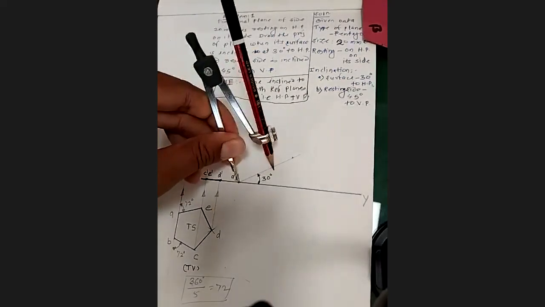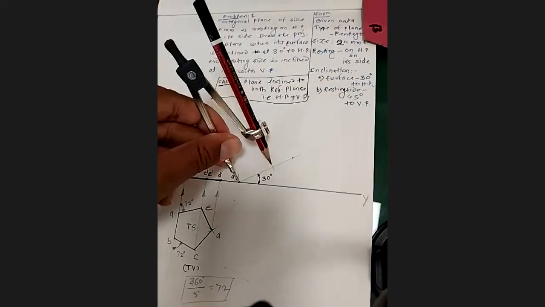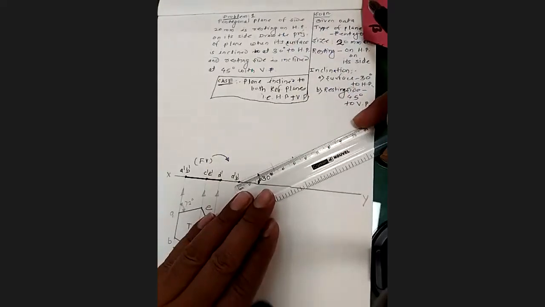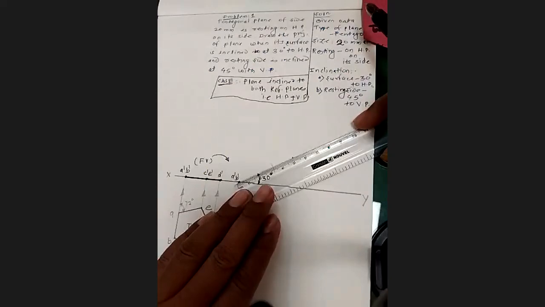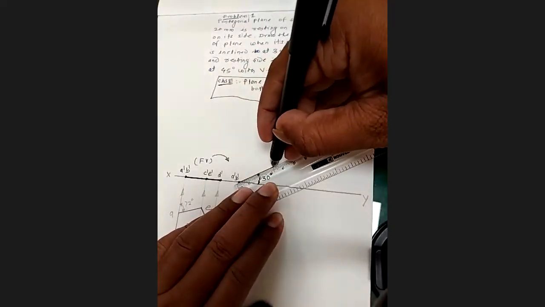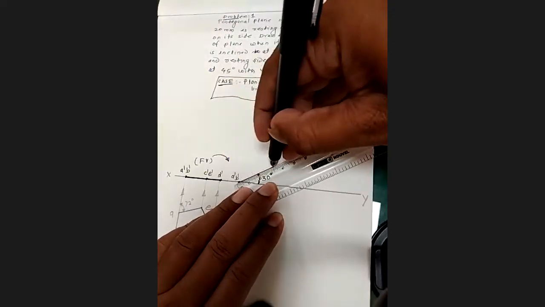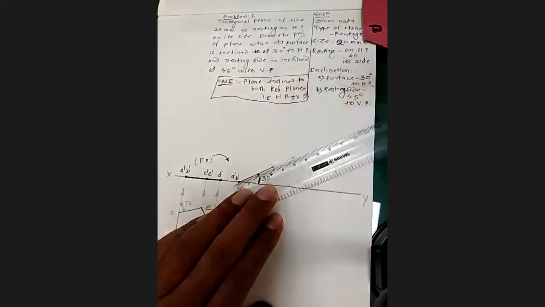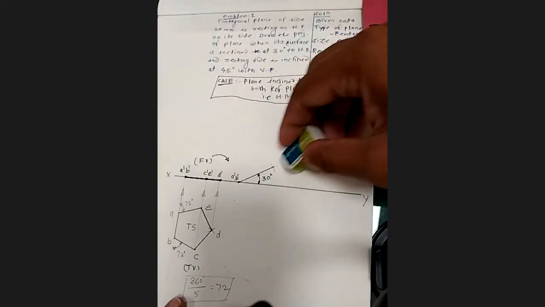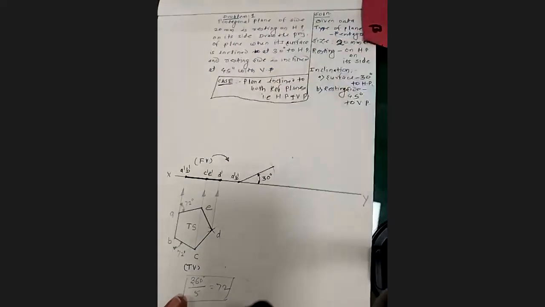We'll cut this 30-degree inclined line here, and then make it dark, because this will be the actual line. This is going to be the actual front view when we make it inclined with HP, when we are making this plane inclined with the horizontal plane.